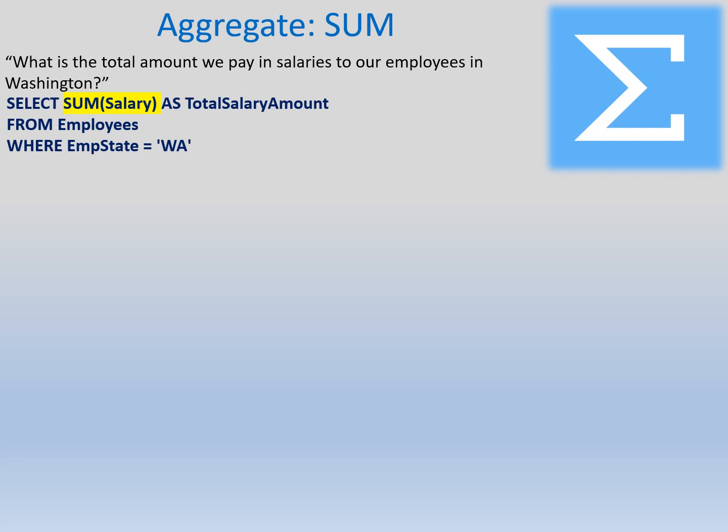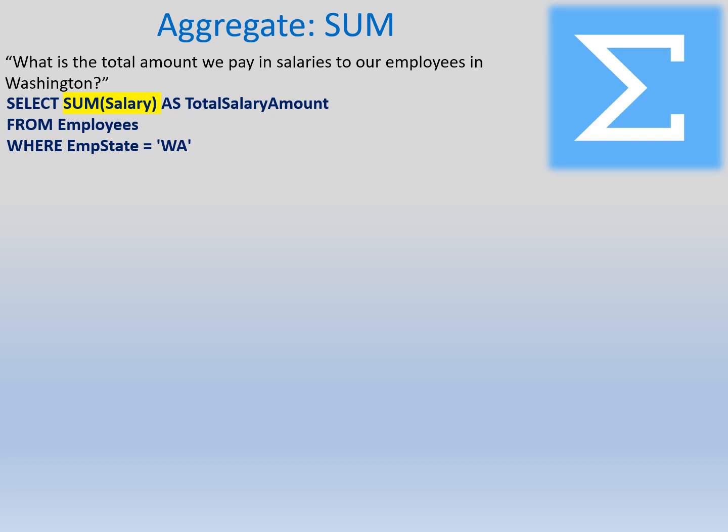Let's now look at some examples of select statements that use the aggregate sum. The query is, what is the total amount we pay in salaries to our employees in Washington? We use the sum aggregate. The column within the open and close parentheses is salary.